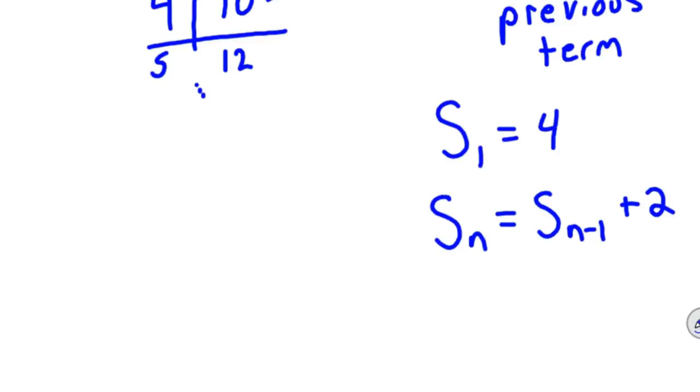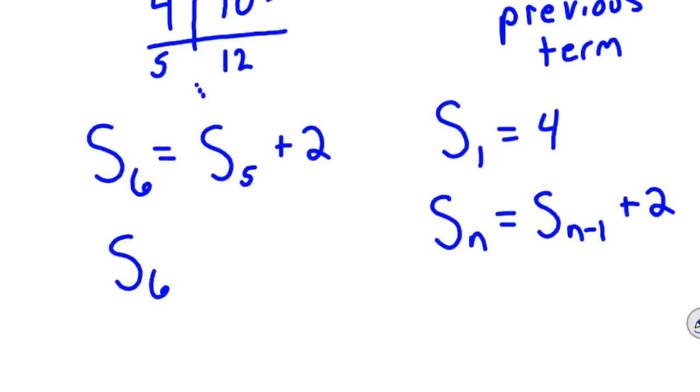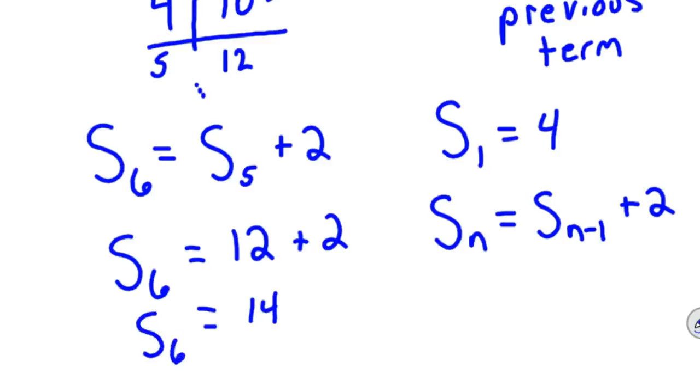So let's say I wanted to find my 6th term. Well, my previous term to the sixth term is the fifth term, S sub 5. And we're going to add S sub 5 plus 2. Well, we know S sub 5 is 12, plus 2, so that's 14. So when we have 6 tables, we have 14 students.